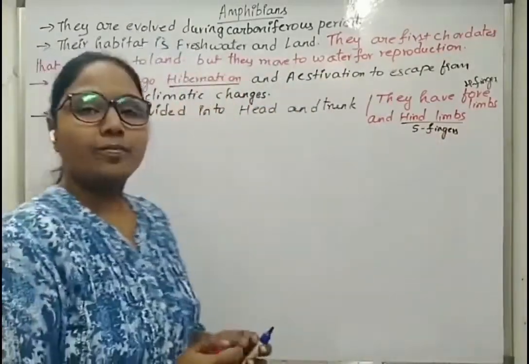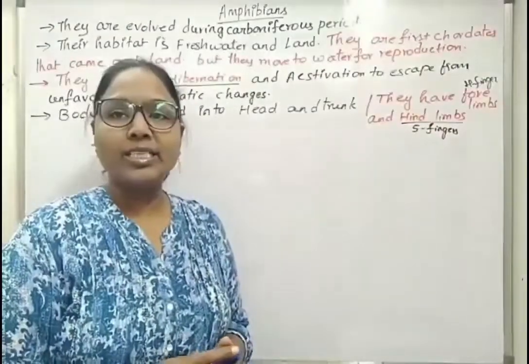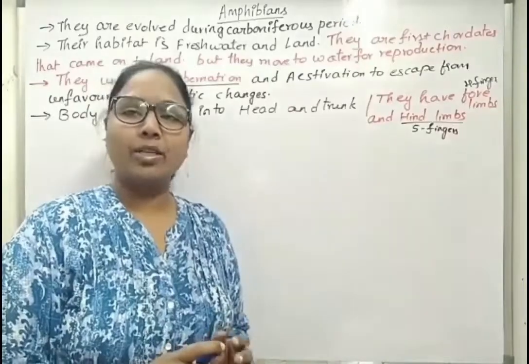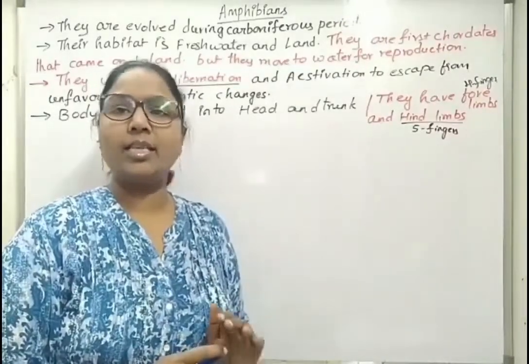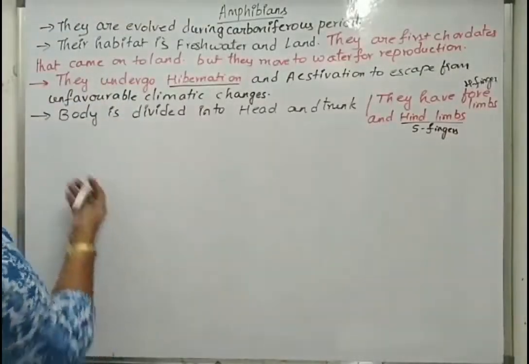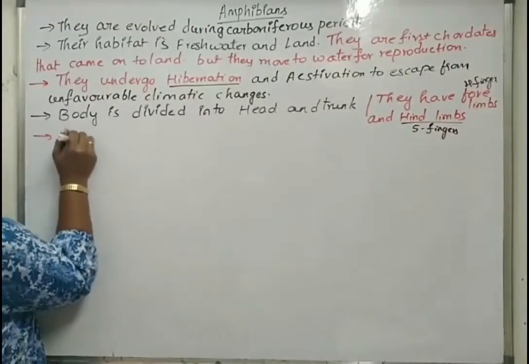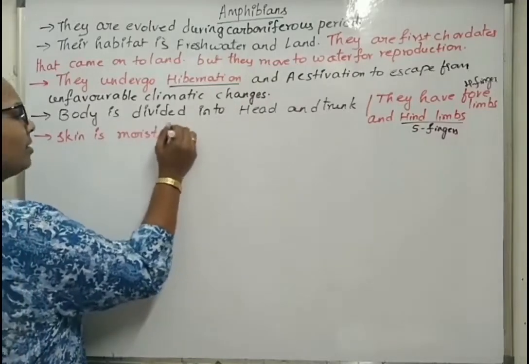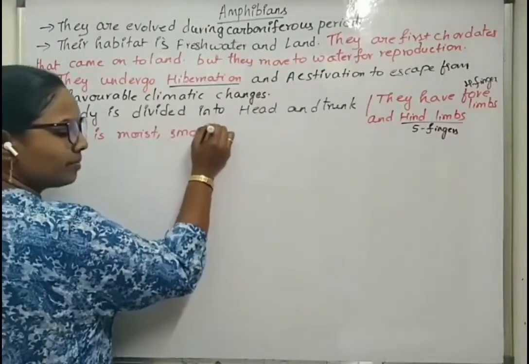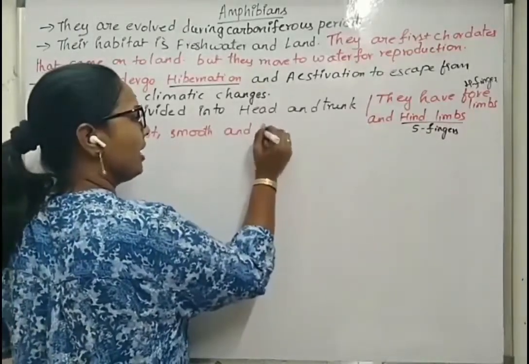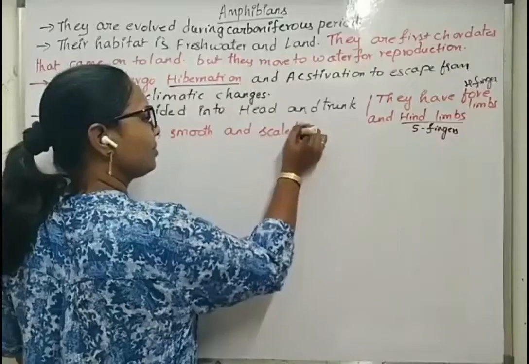The skin is smooth and moist in nature, and it helps in cutaneous respiration, or the gaseous exchange through the skin is called cutaneous respiration, or normally we can say it helps in respiration. Skin is moist, smooth, and there are no scales like that of fishes; it is scaleless.